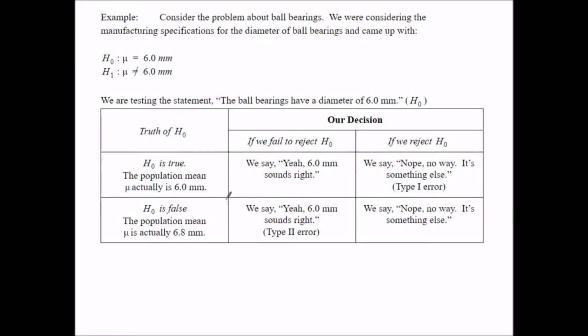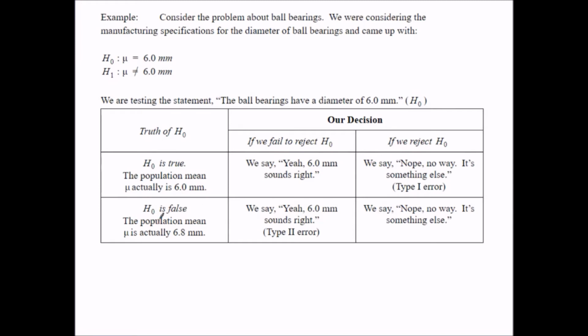That's our null hypothesis. If that turns out to be true, which means the ball bearings actually have a 6 millimeter diameter, and we decide, yes, that sounds right, then that's exactly what we should do. We made the right decision. If they're actually 6 millimeters and we say, nope, it's got to be something else, that's a type 1 error.